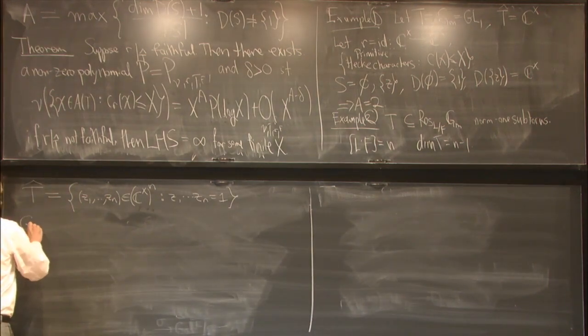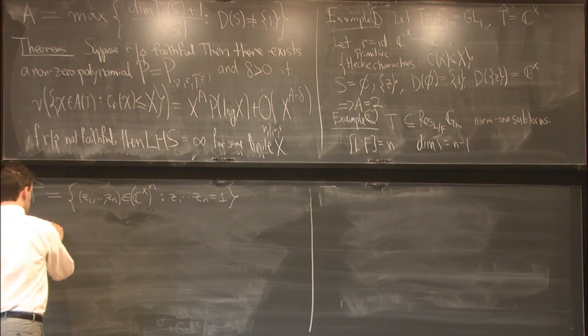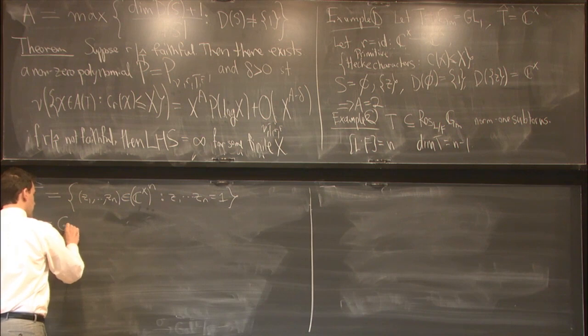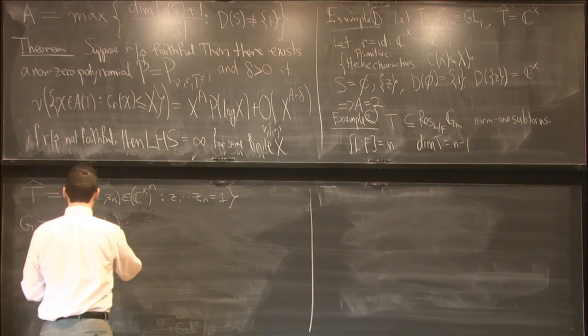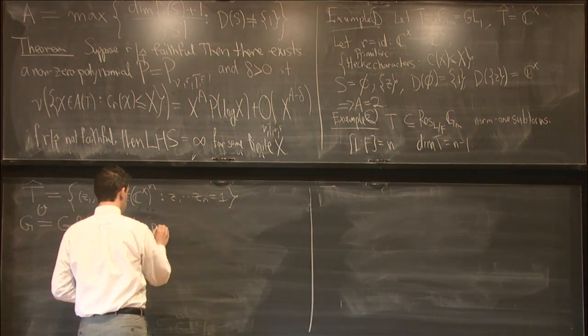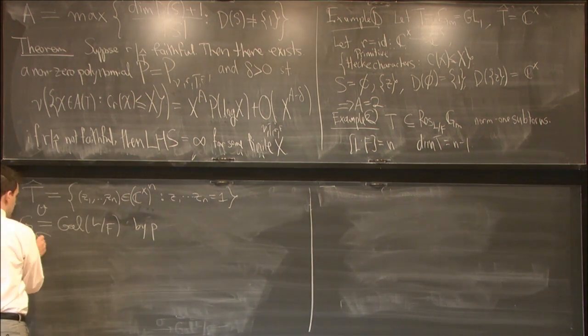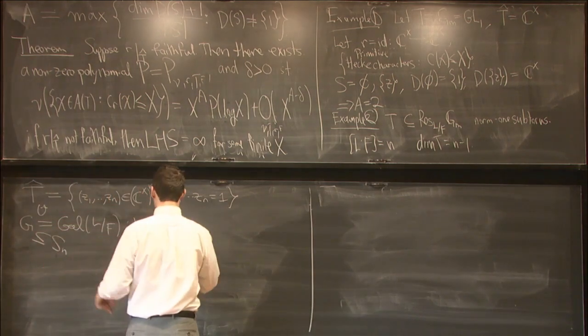So G now, I never said, we're back to the global case, obviously. So this is going to be the Galois group of L over F, and this acts on T hat by permuting coordinates. So maybe I'll think of this as a subgroup of Sn, the symmetric group on n letters.